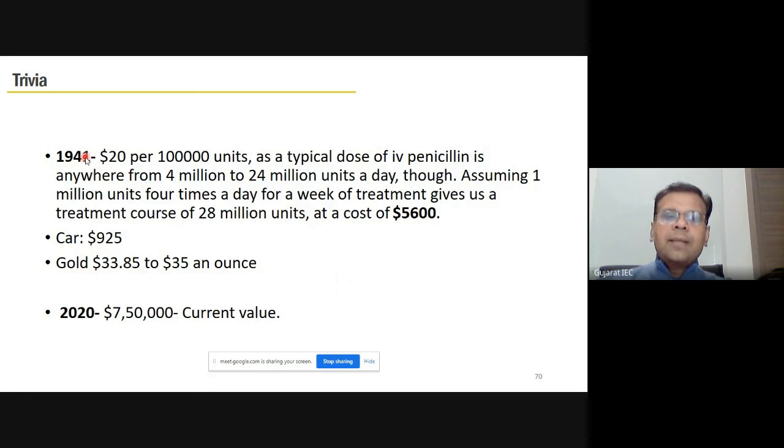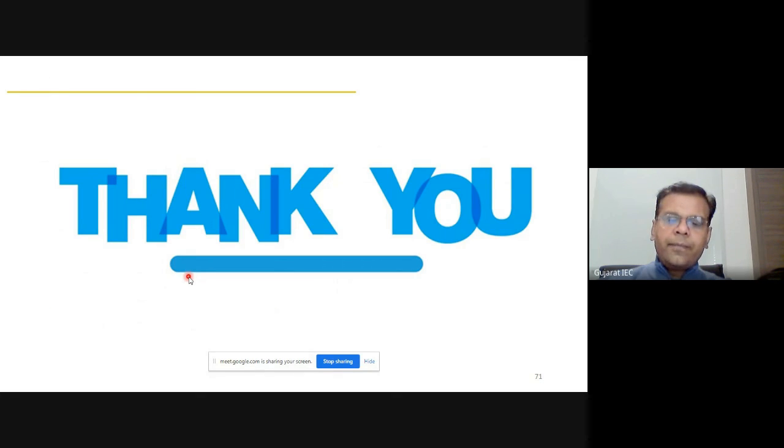If you extrapolate the penicillin cost to current times, it would have been 7.5 lakh dollars. So these are definitely expensive, but we expect that over a period of time, the cost would be reduced.